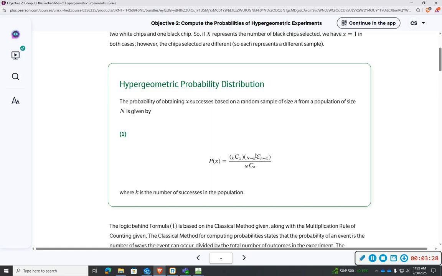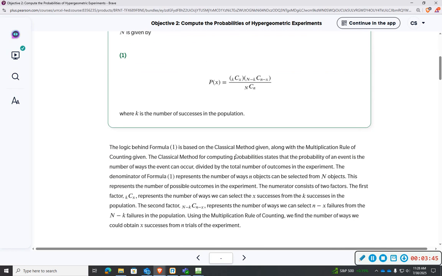So everything else that is not correct will go into the other group. And then from your sample size, you're going to subtract the number of correct choices, so you know how many you got wrong. And then you have your total possible sample size selections on the bottom. So your big N, choose your little n.